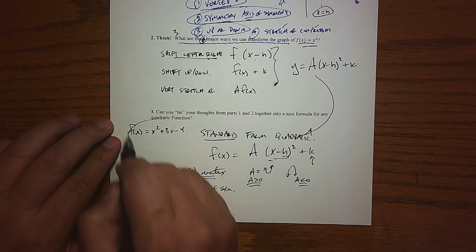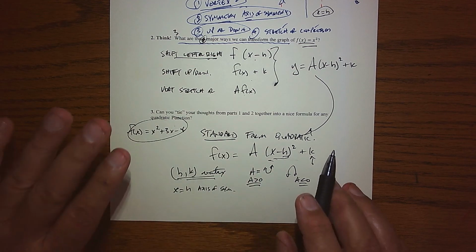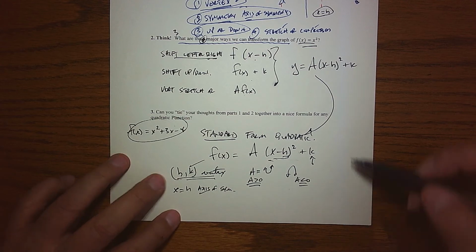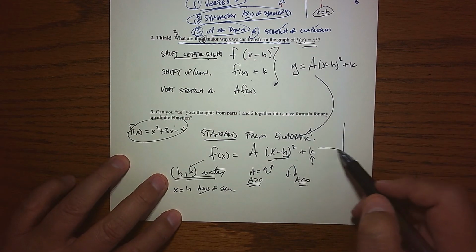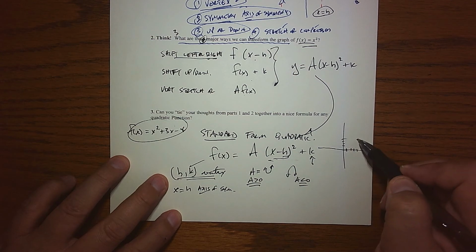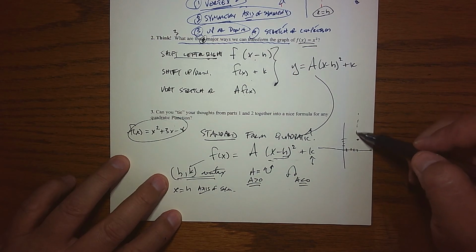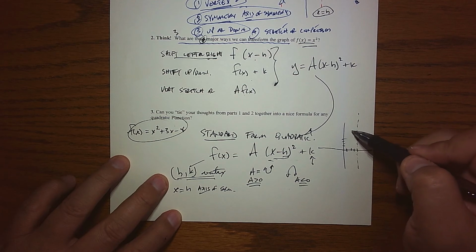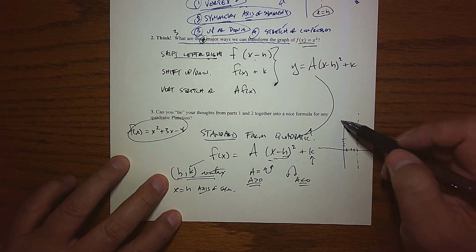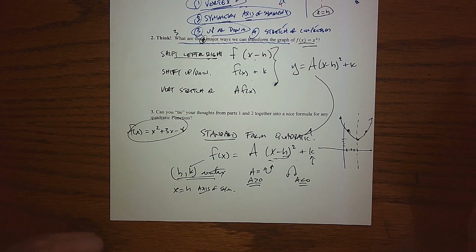But, and I'll build up to that story, to graph, if I know where the vertex is and I know where the axis of symmetry is, I can basically start by plotting, moving over h units, moving up k units, or whatever the case might be. I've got my axis of symmetry, and because of the symmetry, all I really need to do is find one point over to the left of it, its mirror image is over to the right, and before you know it, I have a really quick sketch of my parabola.